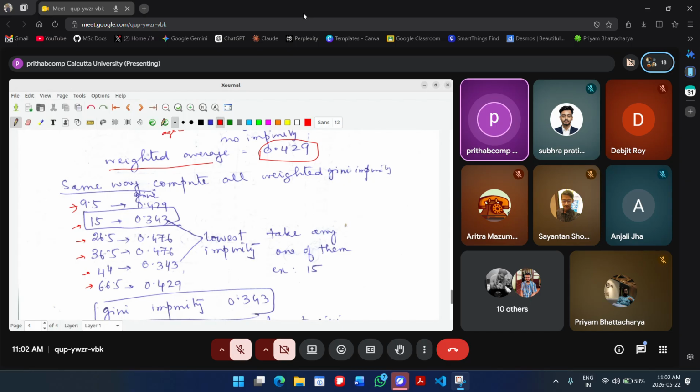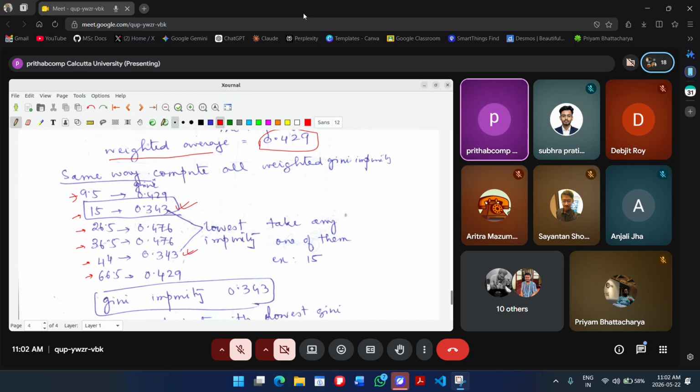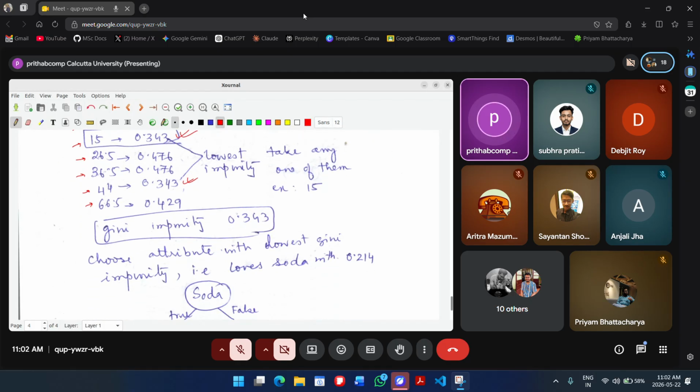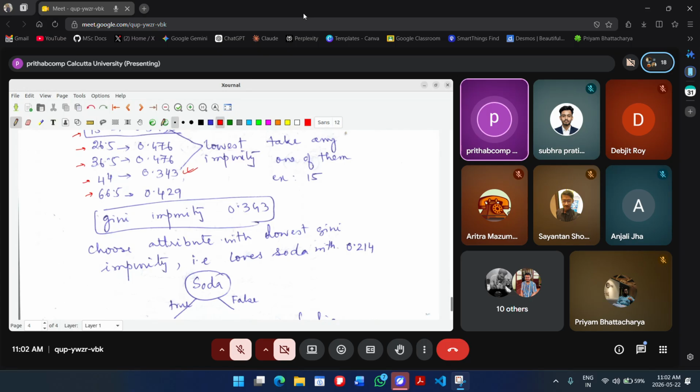I've just written down the value after computing the weighted average Gini index. Among them, whatever is the lowest, choose that one. For 15 and 44 we are getting the same value, so you can choose either 15 or 44. The Gini impurity you are getting is 0.343.